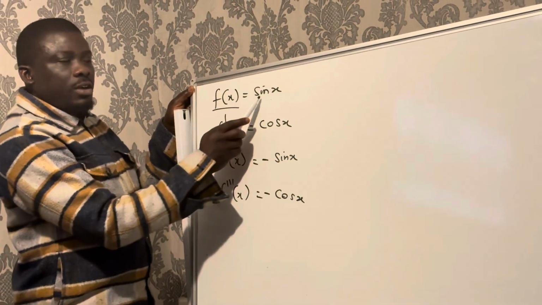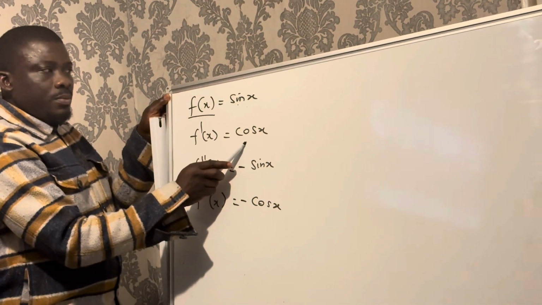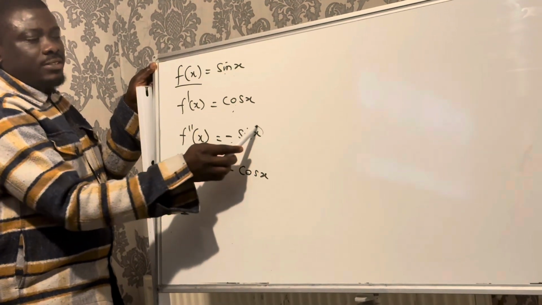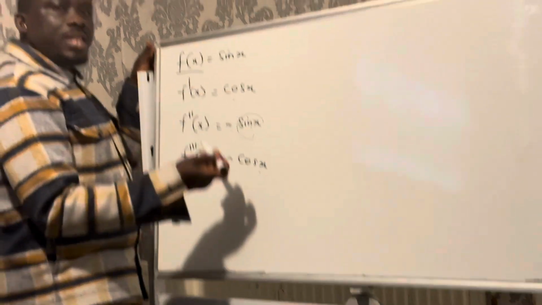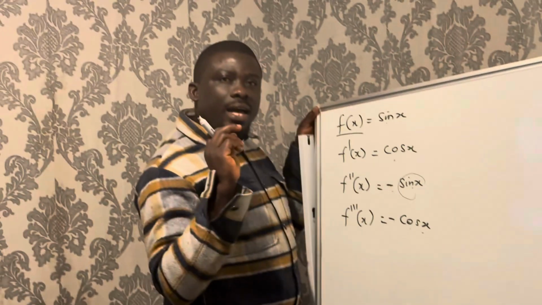Don't forget, these are our functions: sine x. We differentiate sine x, we have cos x. We differentiate cos x, we have minus sine x. We differentiate minus sine x, we have minus cos x. Now, for Maclaurin series, we said x is always centered at 0.